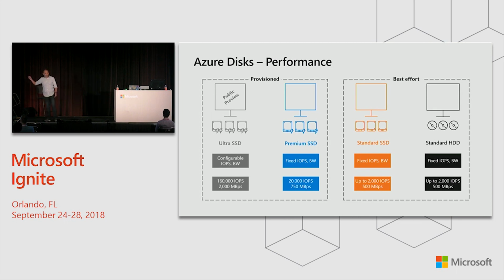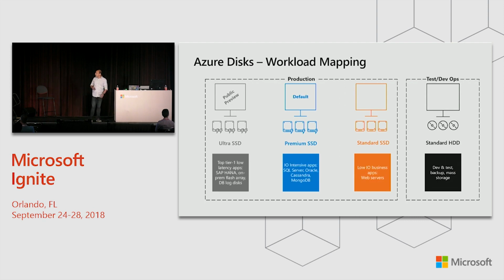Whereas for premium SSDs, you can do up to 20,000 IOPS right now. And similarly on the throughput as well. For standard disks, currently, it supports up to 2,000 IOPS and 500 MB per second with large disks.